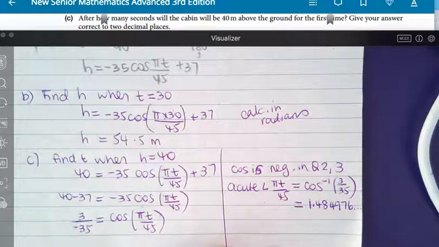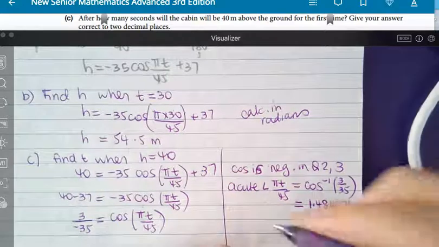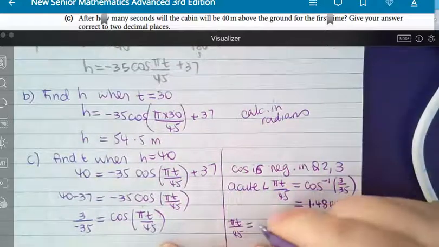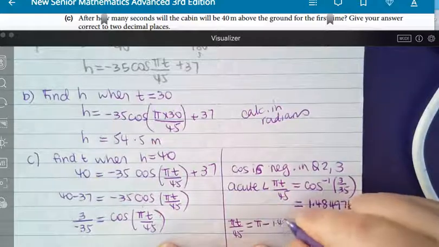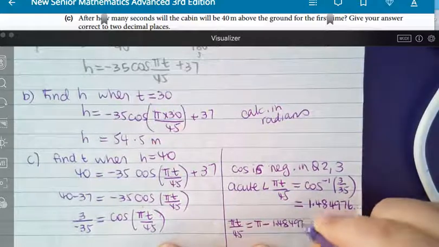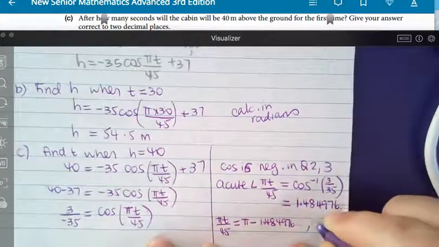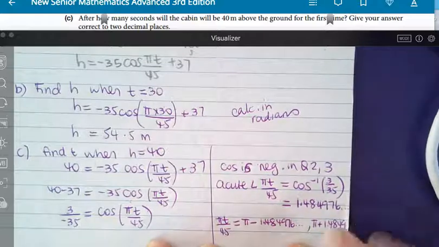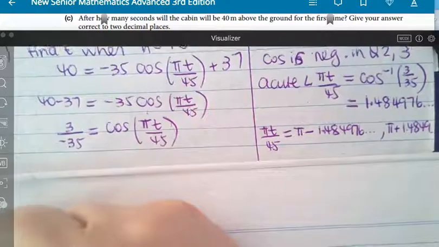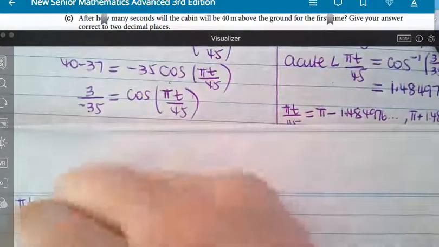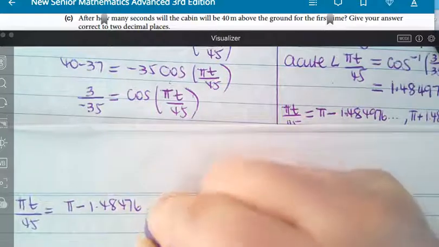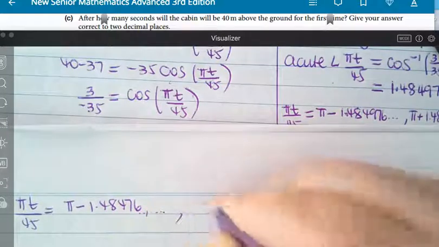What's quadrant 2? Isn't it pi minus? And quadrant 3 is pi plus. So pi t on 45, therefore, is pi minus this answer, 1.484976 dot dot dot. And quadrant 3 is pi plus 1.4849, etc. Now I'm going to another sheet. It's pi t on 45, just writing it again, is pi minus 1.484976 dot dot dot, comma, pi plus.